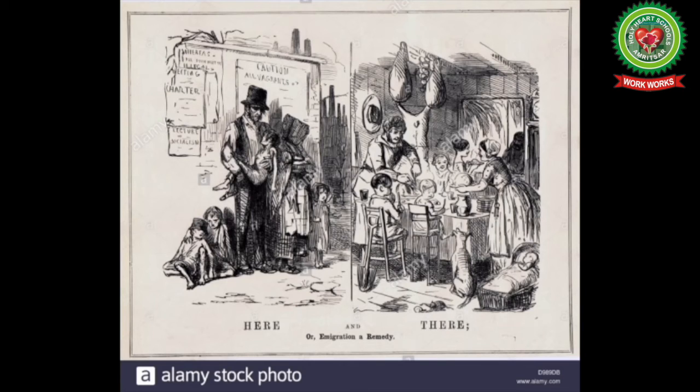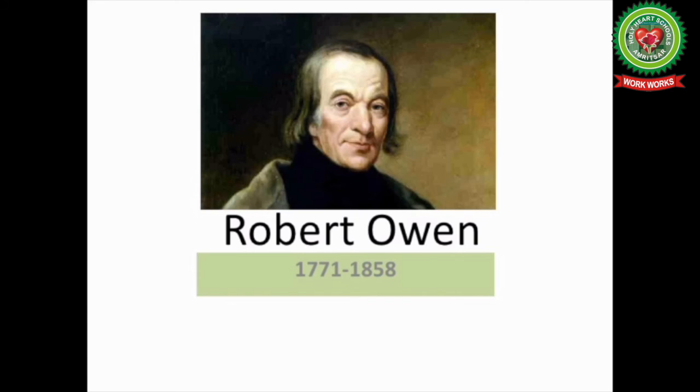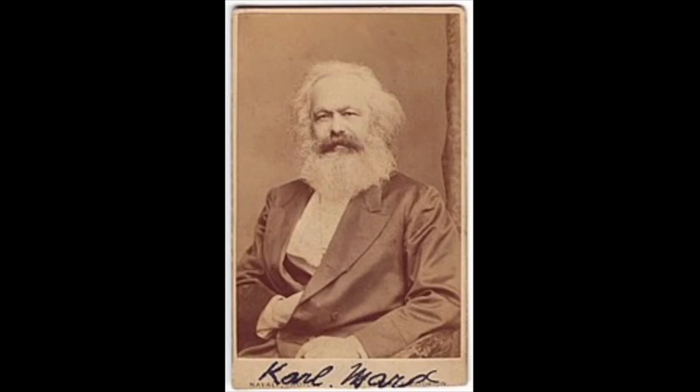The ultimate goal of socialism is to eliminate class struggle between the capitalist and the workers and form a classless society. In order to achieve these objectives, government control over production and distribution of important things is considered necessary. Key proponents of socialism were Robert Owen, Karl Marx, John Stuart Mill, Albert Einstein, etc.